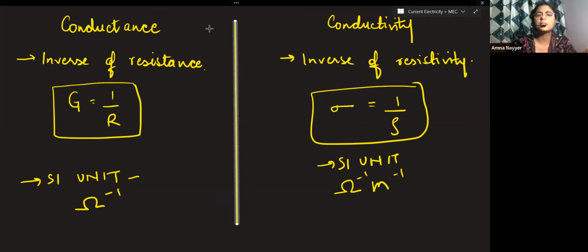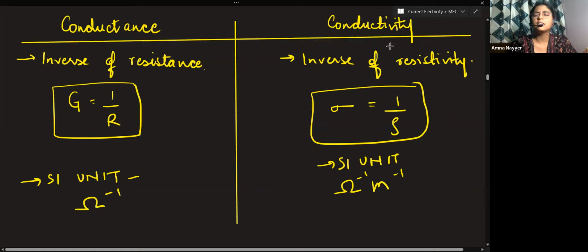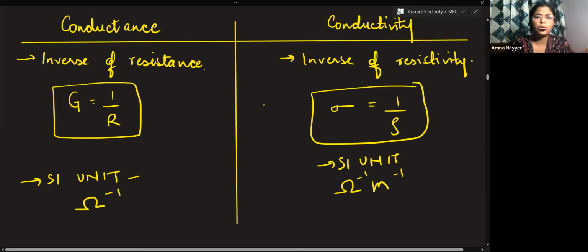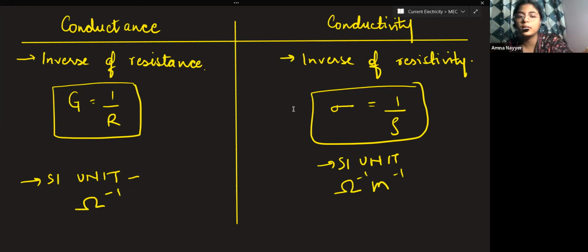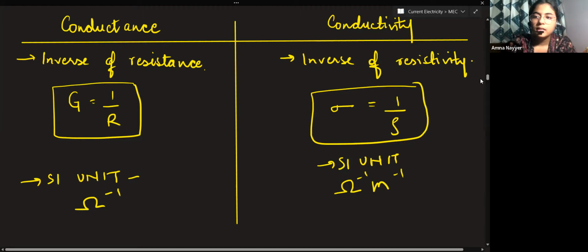So these are the basic points of difference. And usually numericals do not come from this portion, but theoretical question you can get, and you can also get the numericals. So 2 topics are done. I told you, 4 topics we'll discuss. The other topic is, that's also easy. These 4 topics are easier as compared to resistance and resistivity.